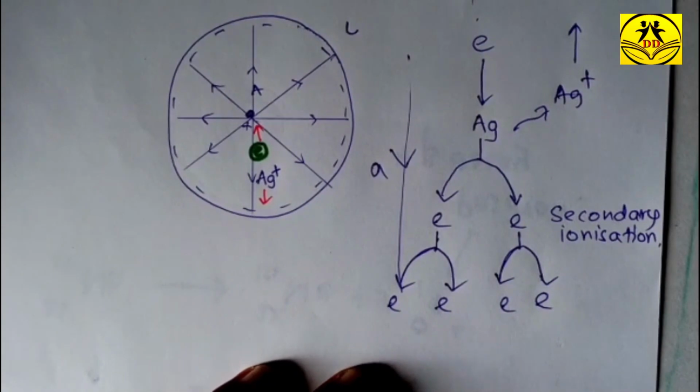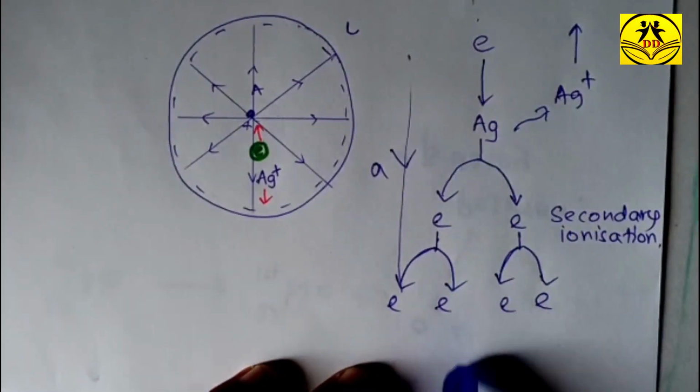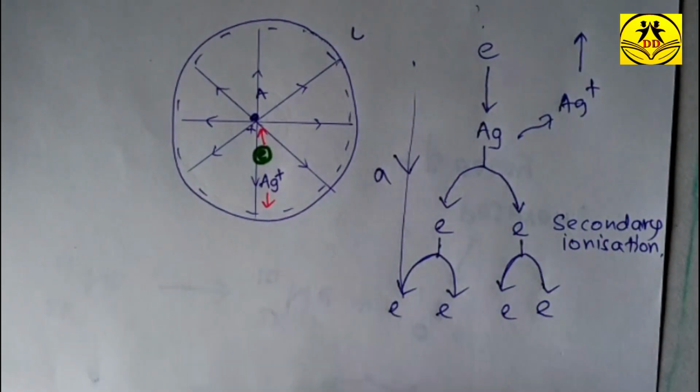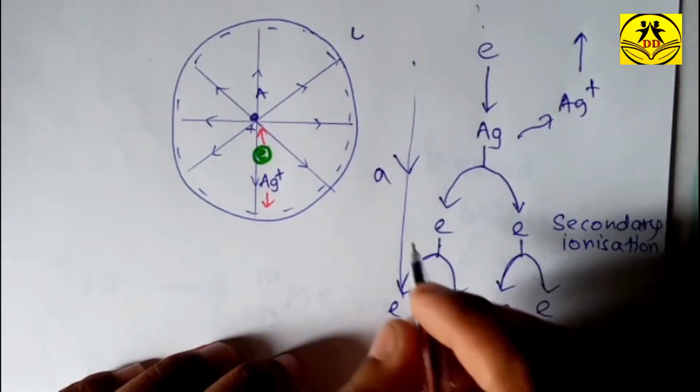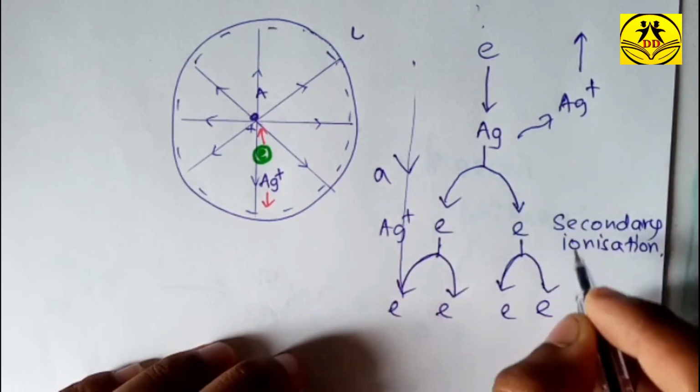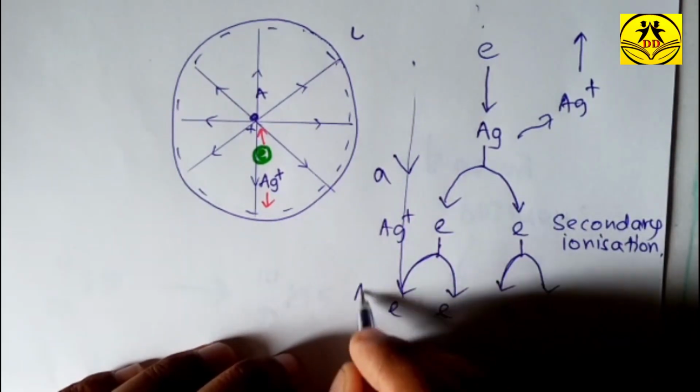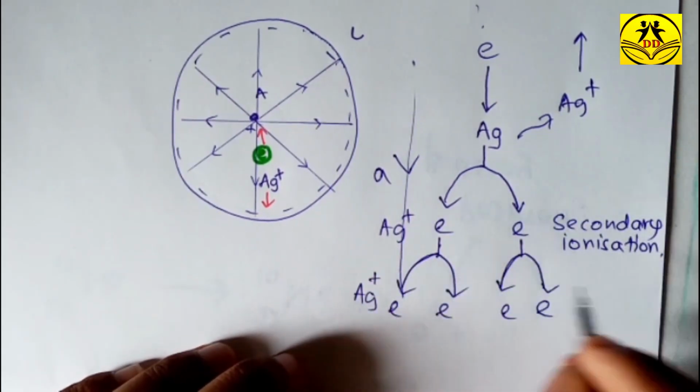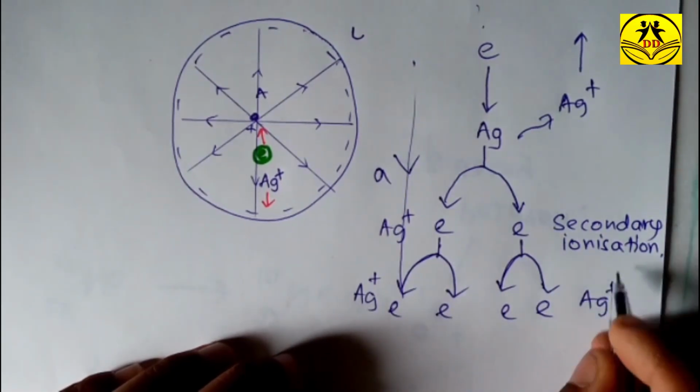At the same time, the kinetic energy of these electrons moving towards this side will be gradually increased, and the positive charge closer to these electrons will also increase.